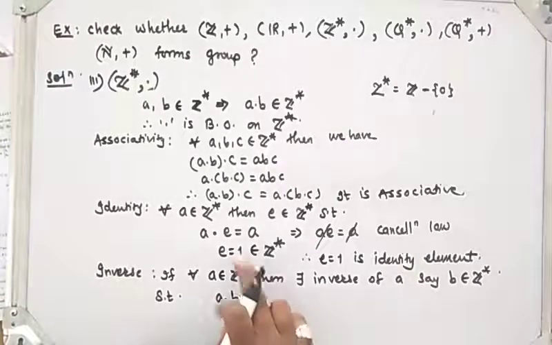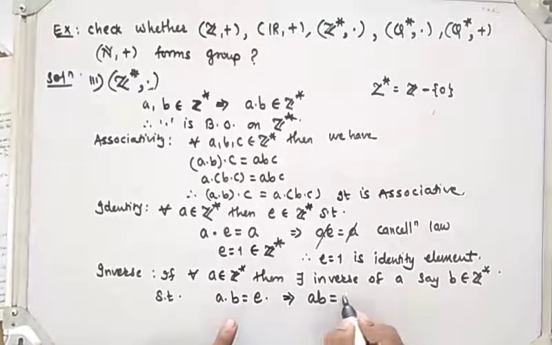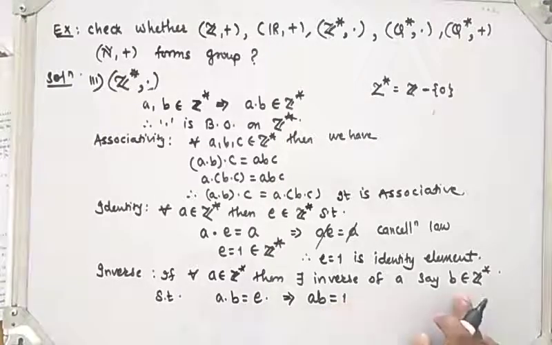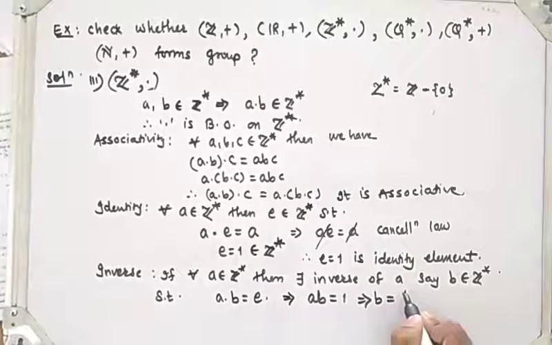What is the identity element here? 1. That implies a into b is equal to 1. Solving for b, because we have to find the inverse of a, which is b, we get b is equal to 1 upon a.